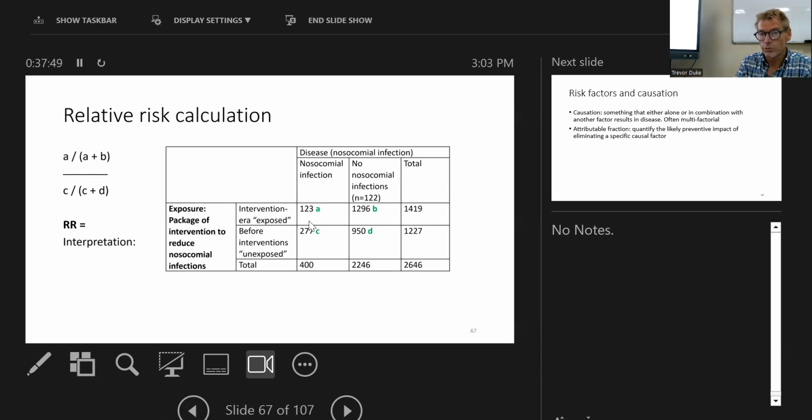It didn't involve too much relative risk calculation, but you can see how it's possible to look at a group of children before and a group of children afterwards, and to define again the incidence of nosocomial infection in each population, because the incidence is like 123 divided by 1296, isn't it? Times 100. That's the incidence in terms of percentage incidence of nosocomial infection.